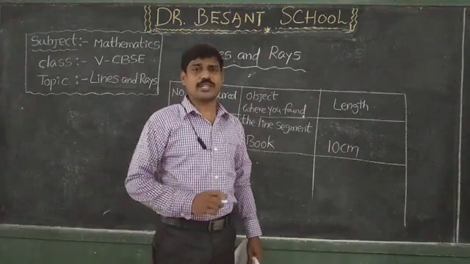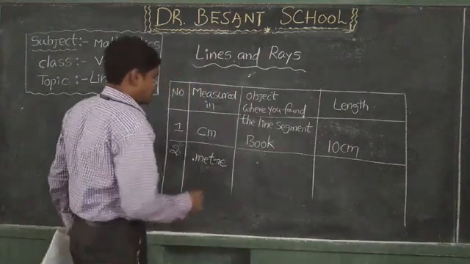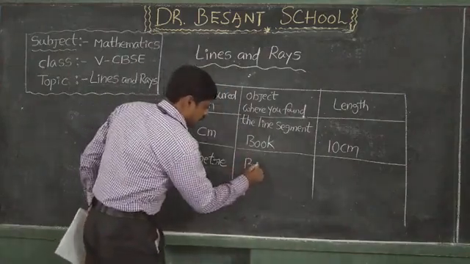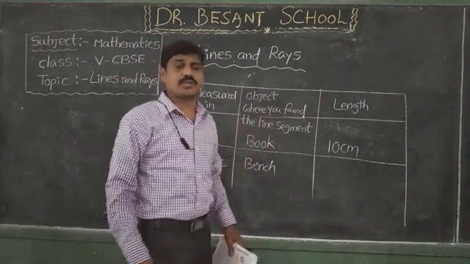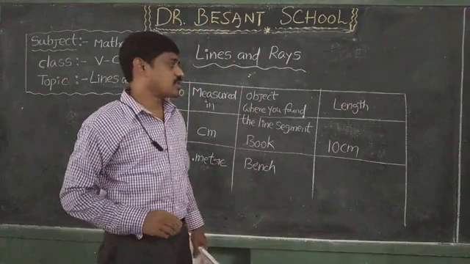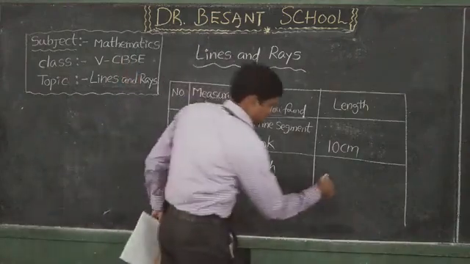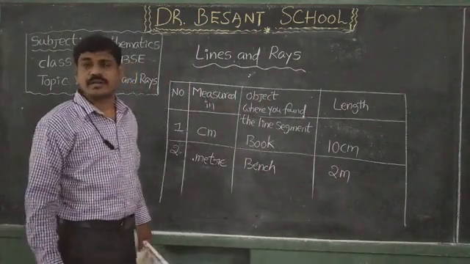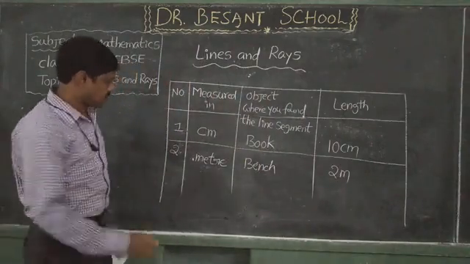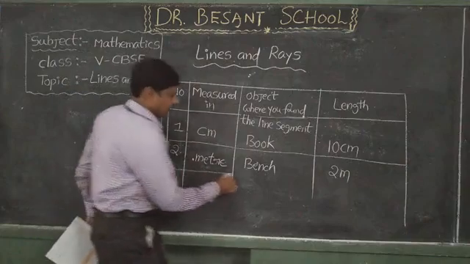Suppose we take a bench. What is the length of the bench? The length of the bench is 2 meters. So this is the second one.